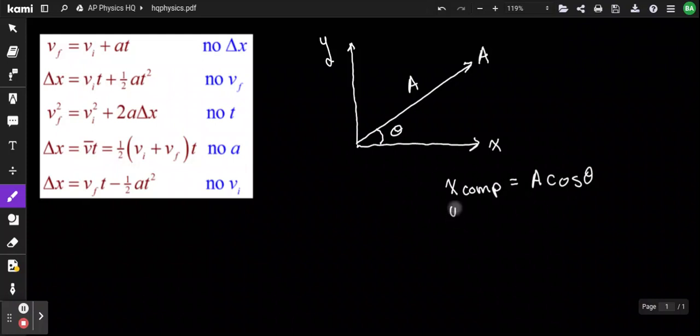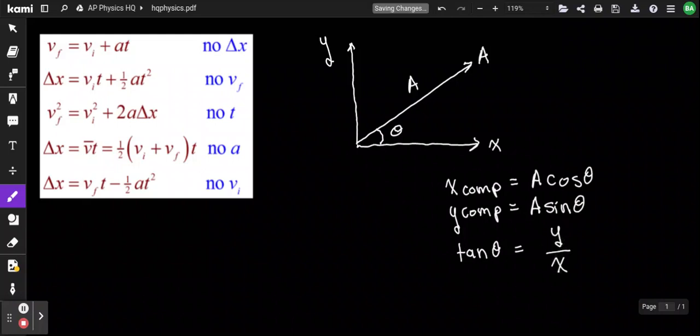In order to find its y component, we will do A sine theta. Also, we know that tangent of theta is equal to y over x.